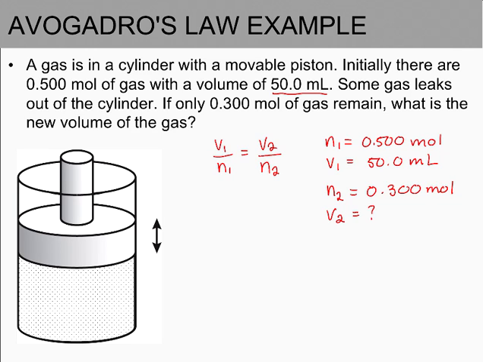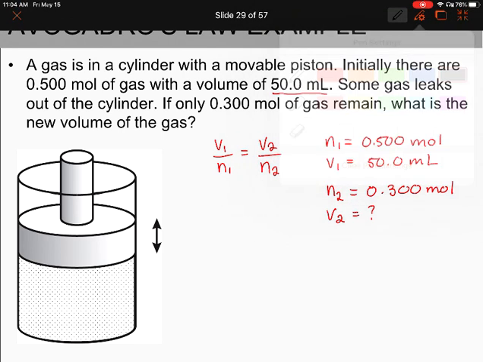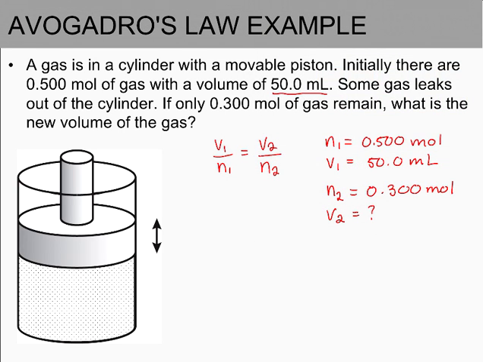All right, so let's plug in our values here. So V1 was 50 milliliters. N1 is 0.5 moles. We don't know what V2 is, so we'll just leave that as an unknown variable. And then N2 is 0.3 moles.